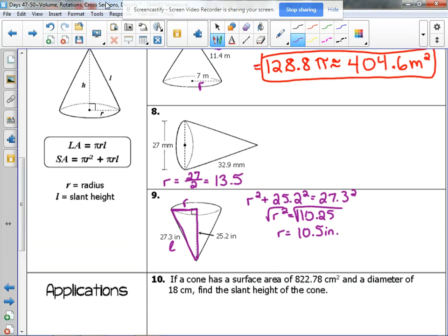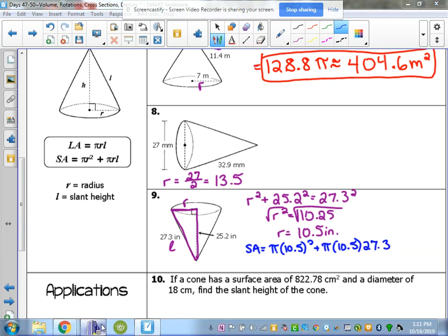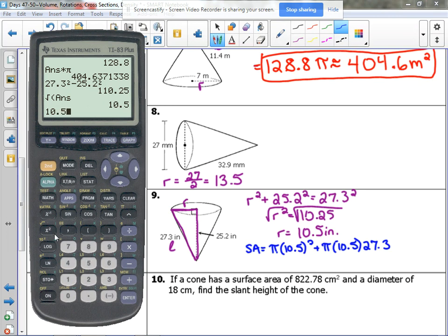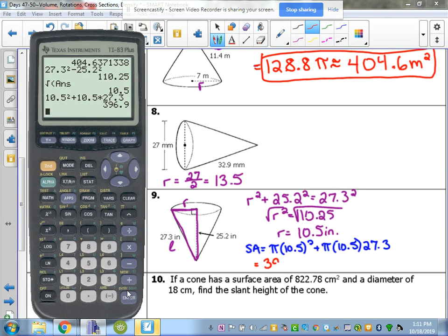So now we can plug into our formula. Surface area is pi r squared plus pi r L. Plug in everything but the pi's. 396.96 pi.